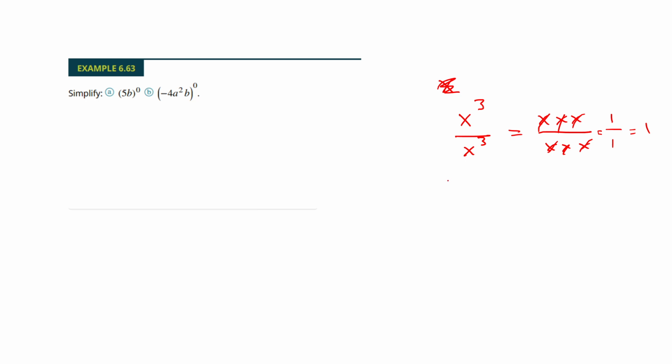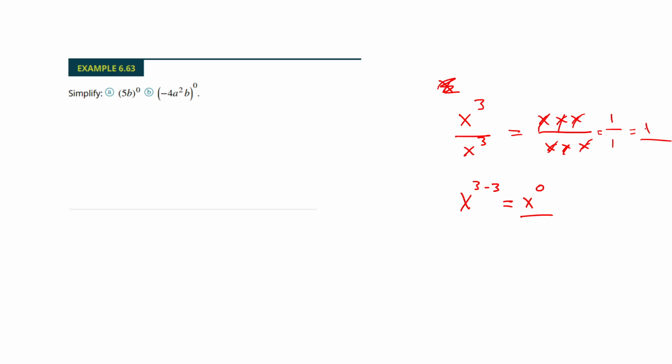Well, now the rules of math can't break. So if this is 1, look what happens here. I also said that we could subtract the exponents. Well, if we do that, what we get is x to the 0 power. What we're saying here is these have to be the same thing. So one more time: x to the third over x to the third has 3 x's, 3 x's.